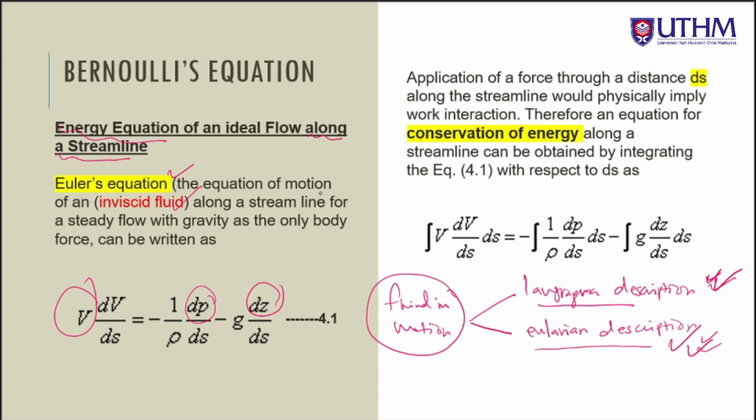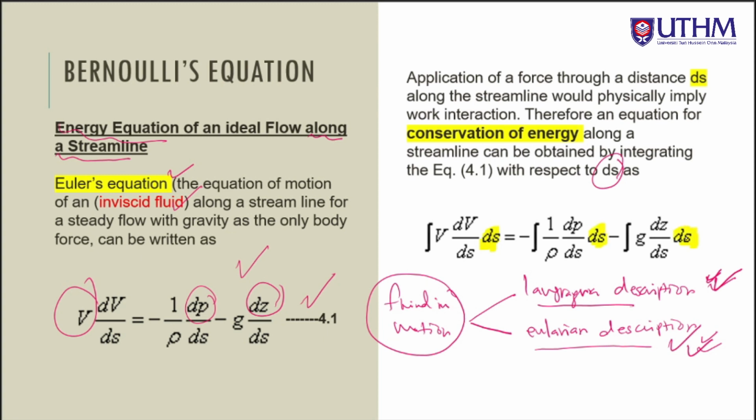Application of a force through a distance ds along a streamline would physically imply work interaction, and therefore an equation for conservation of energy along a streamline can be obtained by integrating this equation with respect to ds, the distance.